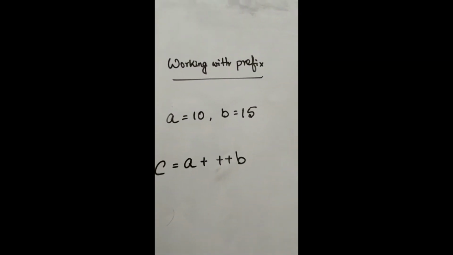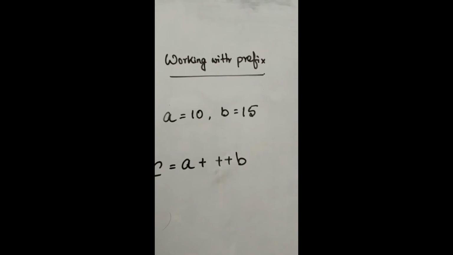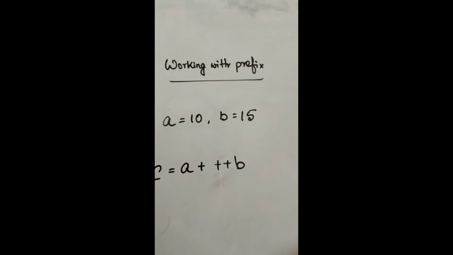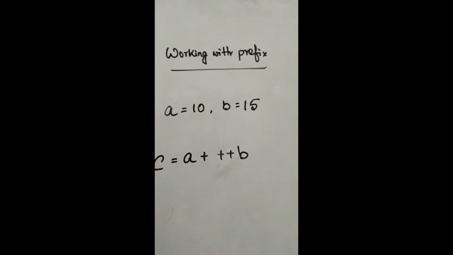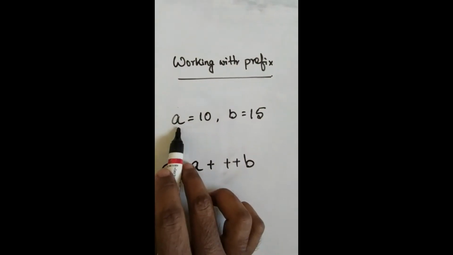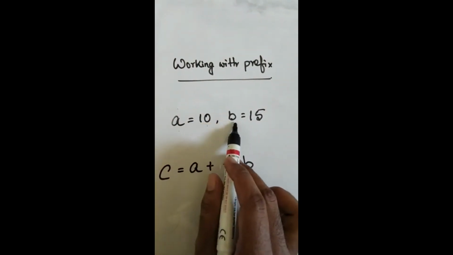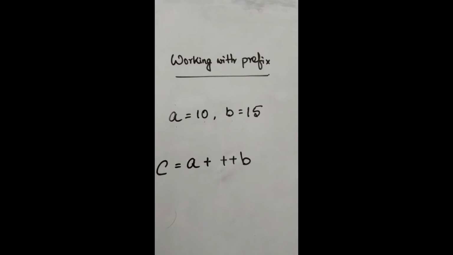Now when an increment or decrement operator precedes its operand, Java performs the increment or decrement operation before using the value of the operand. For example, the variable a has the value 10 and variable b is initialized with the value 15.